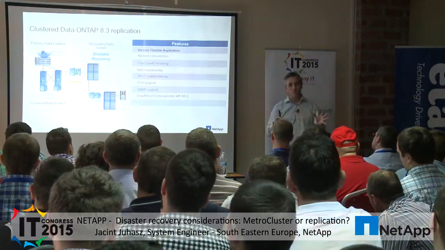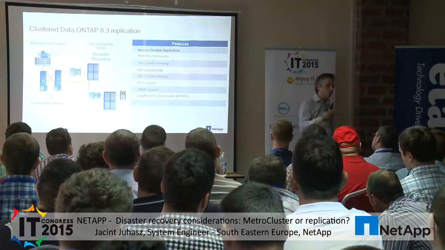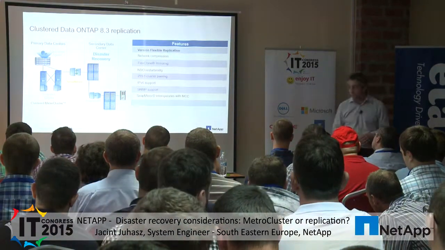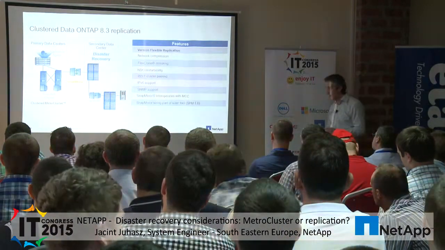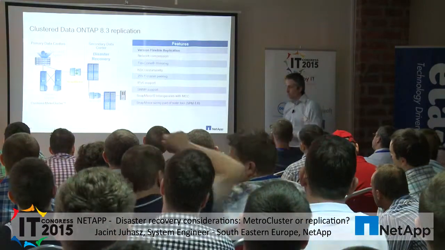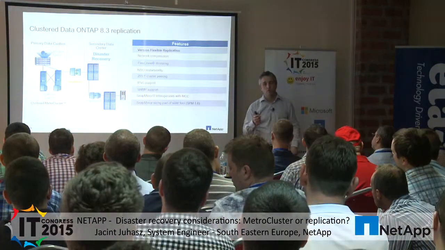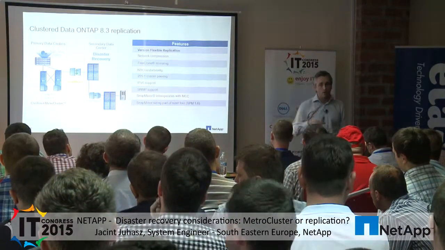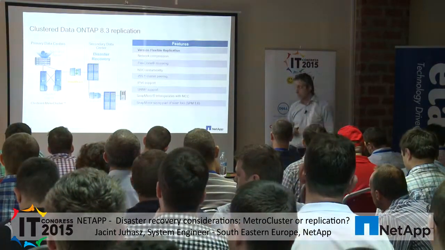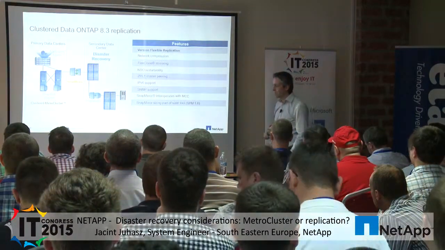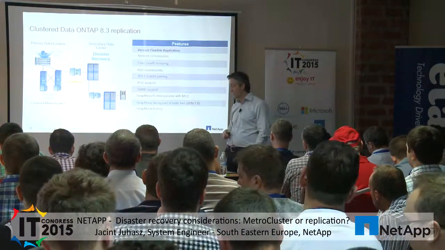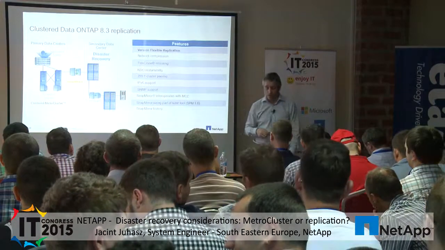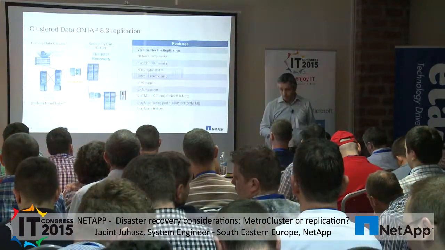So if you have a MetroCluster for continuous availability, you can also use a remote replication, which is pretty cool. And also, we understand how SnapMirror works, so when we build a storage configuration for performance, we can also understand the replication capabilities and what the replication requires from a performance point of view.